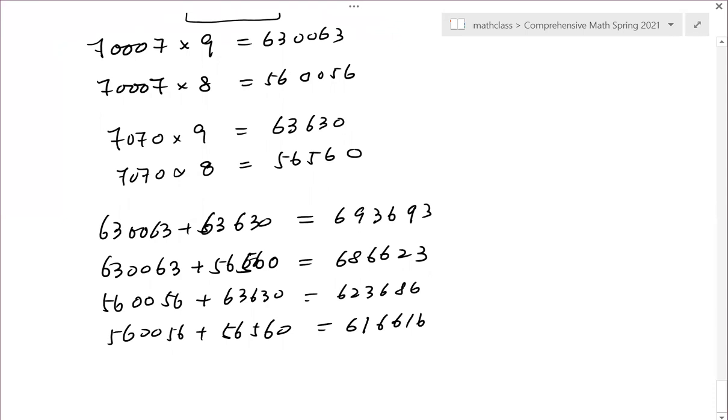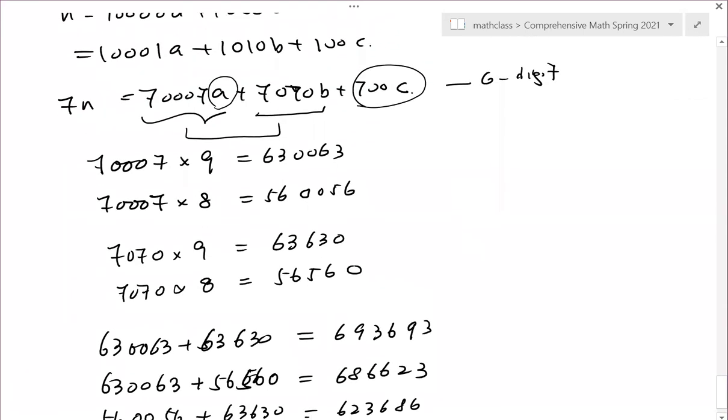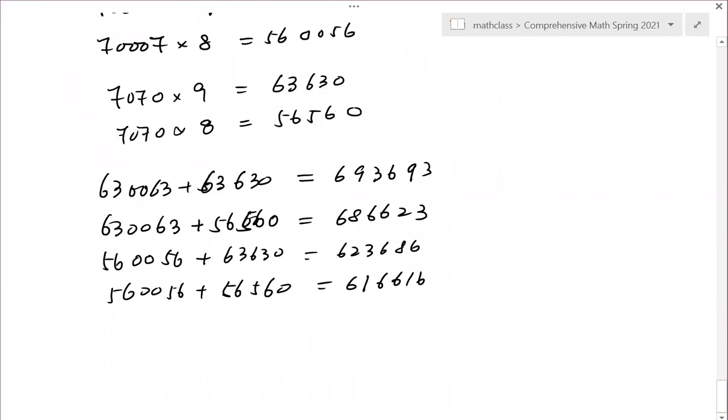You see, you will add the 700C. You have to add the 700C. Okay, 700C. Which one gives you the palindromic number? Okay, I think this is impossible, almost.